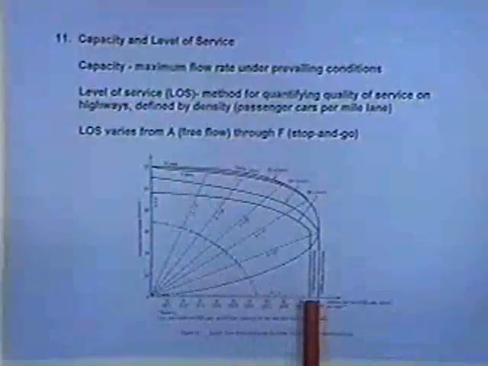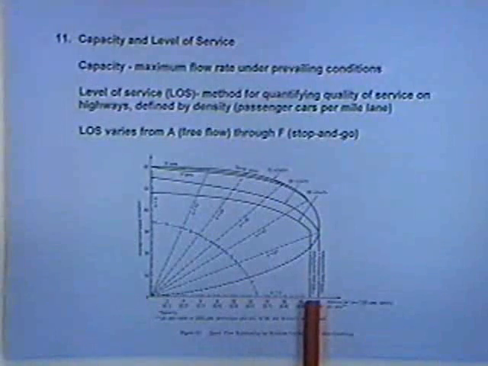You'll notice on that curve that capacity is the point at which the curve turns down, and it's about 2,000 passenger cars per hour per lane on a freeway. That is the maximum defined by the 1985 Highway Capacity Manual.